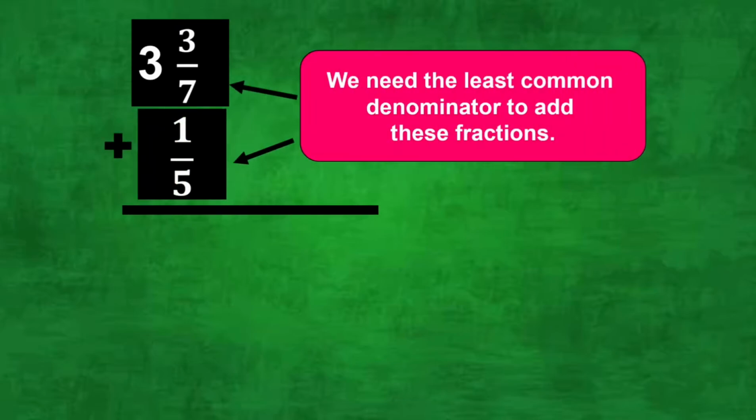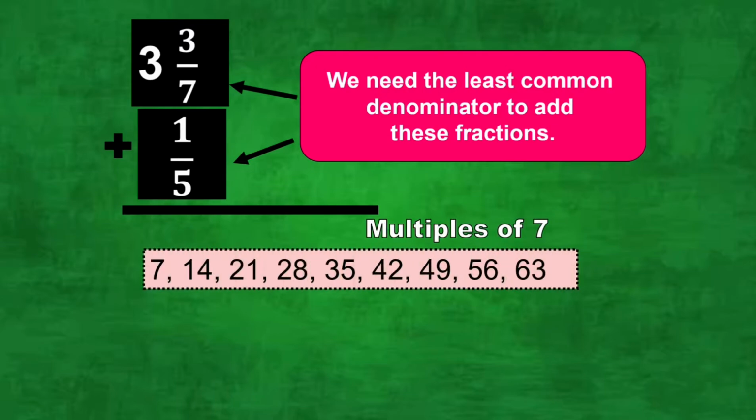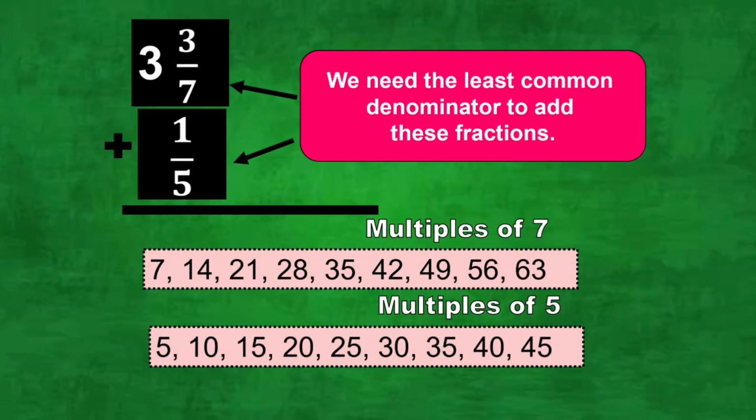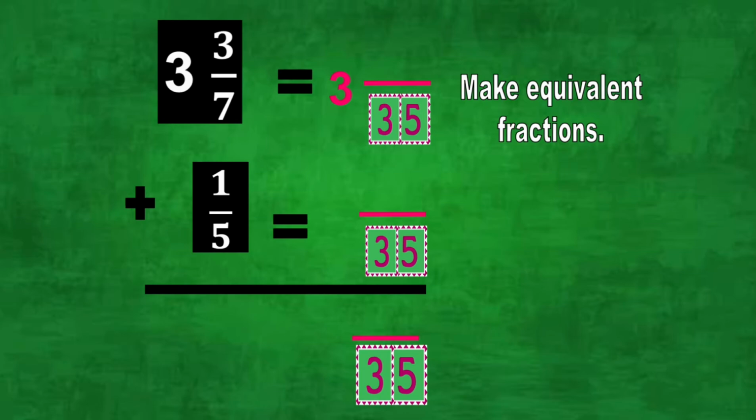Let us have another example. 3 and 3 over 7 plus 1 over 5. Again, we need the least common denominator to add these fractions. Let us list the multiples of 7 and 5. Now the LCD is 35. Very good. Then make equivalent fractions.